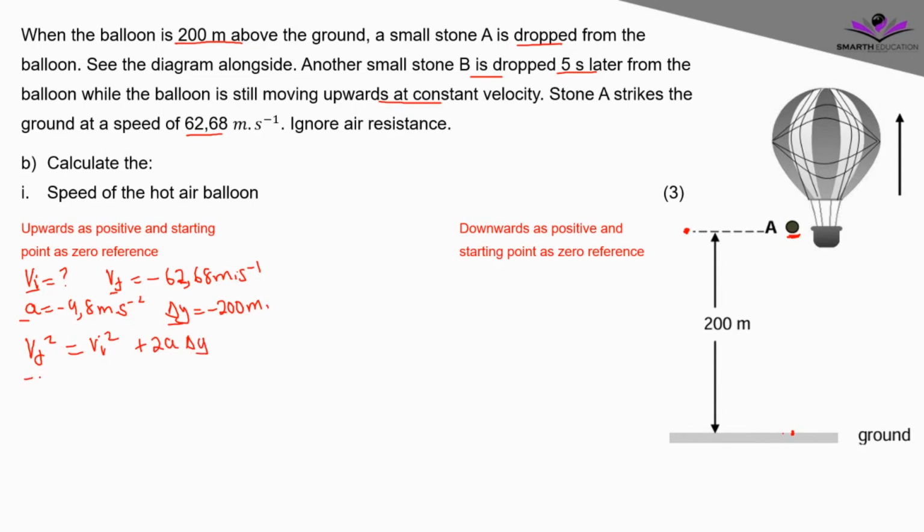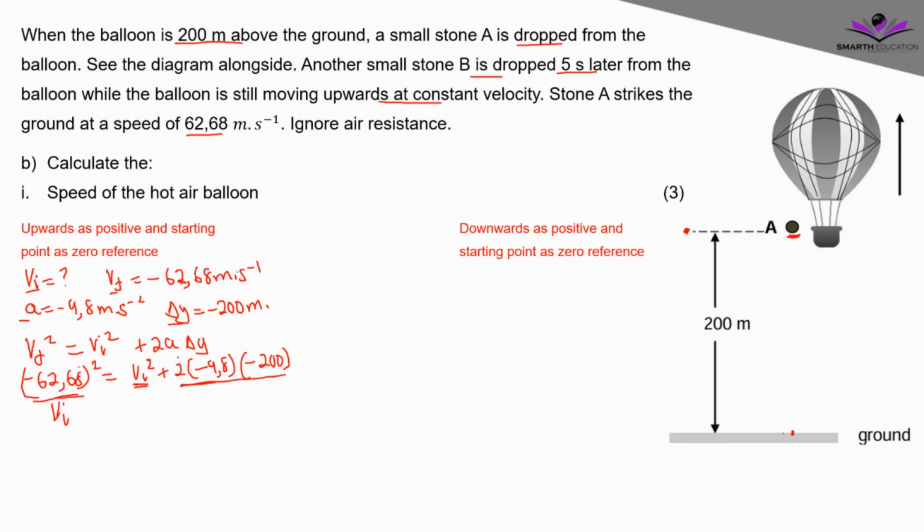Our final velocity is negative 62.68, squared, is equal to the initial velocity squared plus 2 times negative 9.8 times our displacement, negative 200. Now we can isolate this: we subtract this product from the left side, transposing the whole thing.